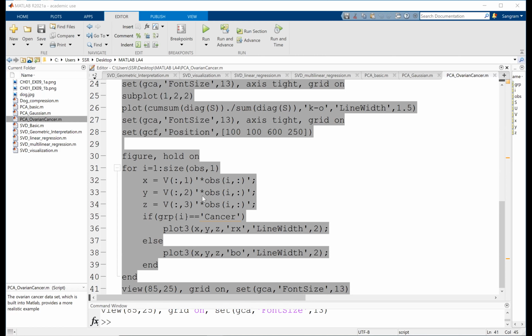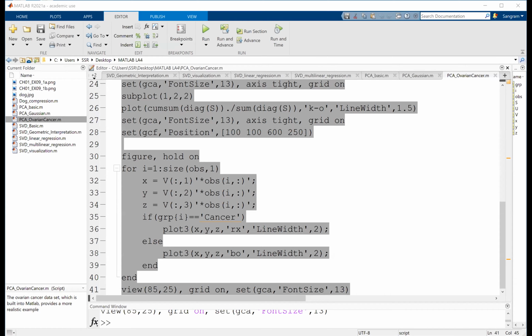If you look at the data from this angle, they may look like they overlap, but as soon as you start rotating this, you can identify a decision boundary.